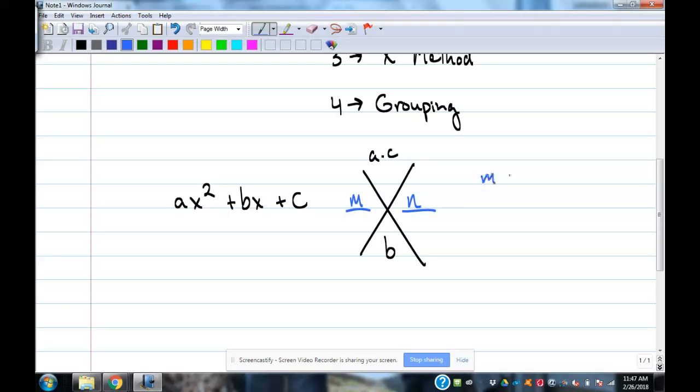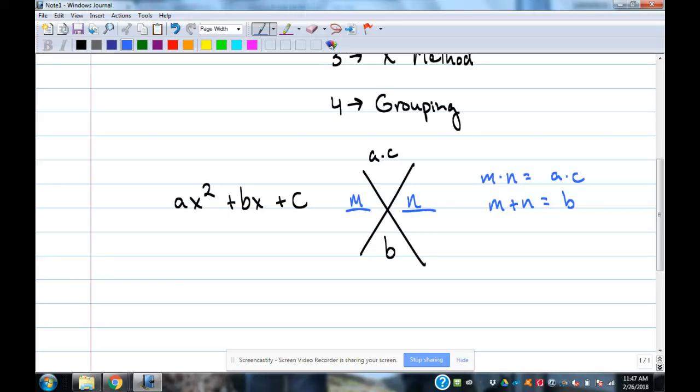We want M times N to equal A times C, and M plus N to equal B. That's what we need to happen. The 2 numbers that we get on the sides need to multiply to be the top, add to be the bottom. That's how we're going to factor trinomials.